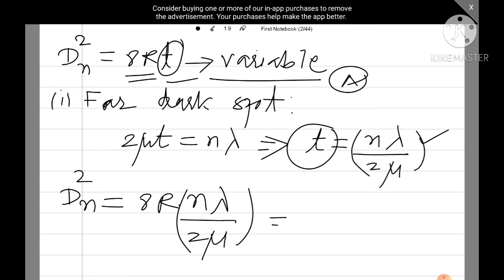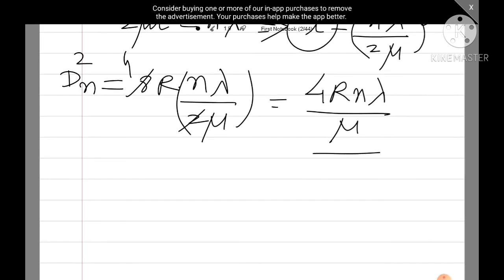Let us solve it. Then 2 4 the 8. So here we have dn square is equals to 4r n lambda upon mu. Now suppose this is equation B, and obviously we have the value of diameter for nth dark fringe.